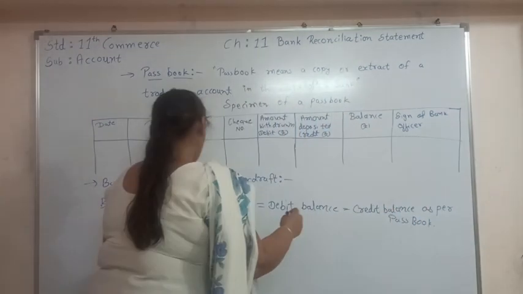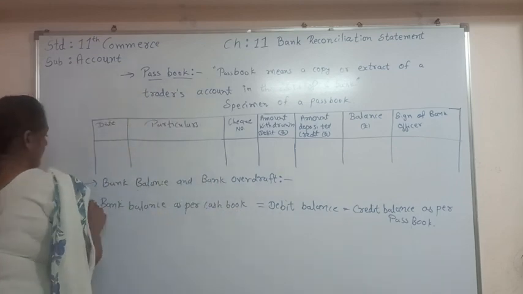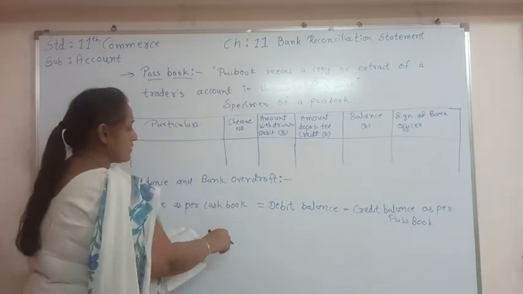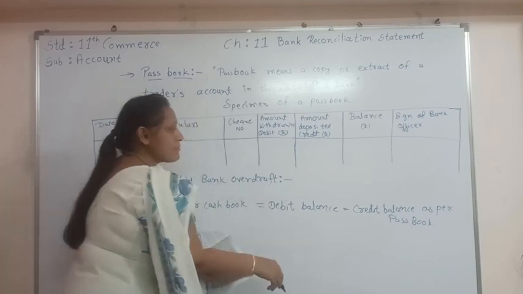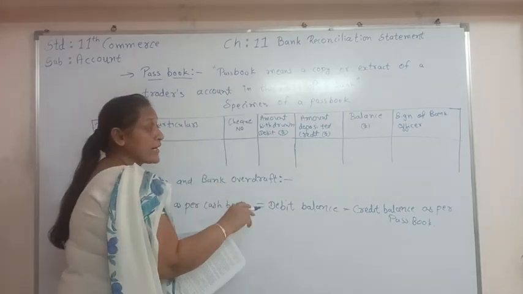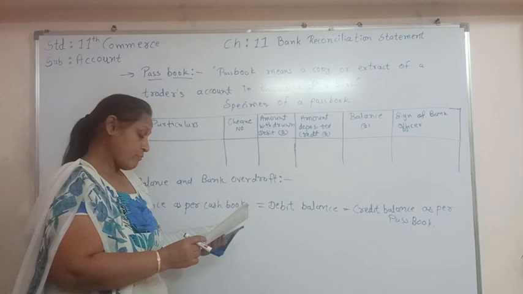This is very important for us: bank balance as per cash book has a debit balance and is equal to a credit balance as per passbook.